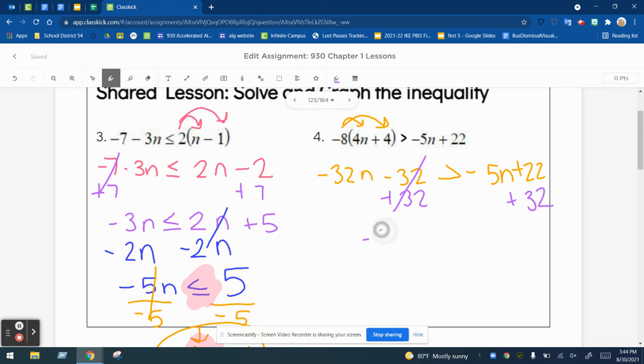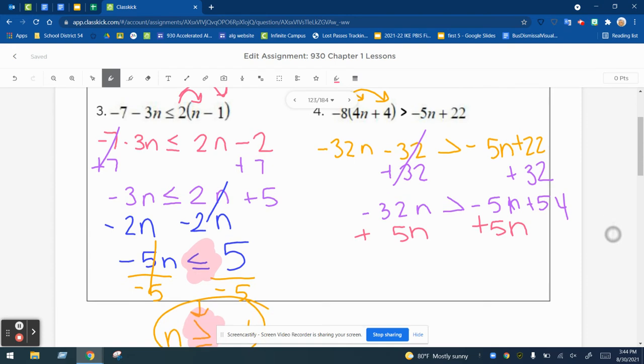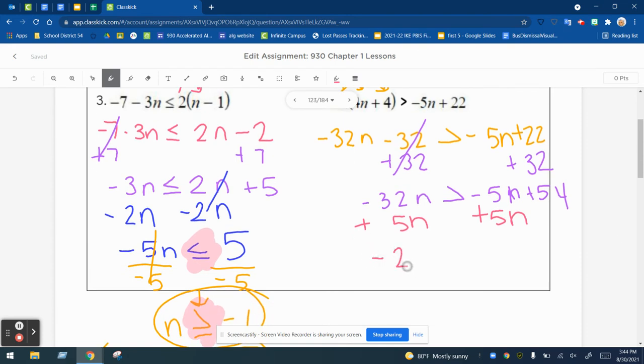And now we're left with negative 32n is greater than negative 5n plus 32 plus 22 will give us 54. Okay, let's add our 5n. Now I have negative 27n is greater than 54.